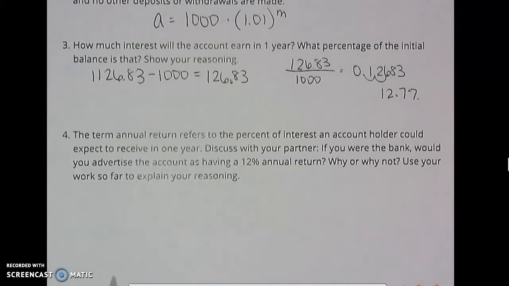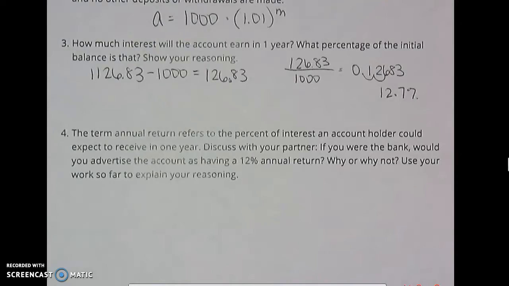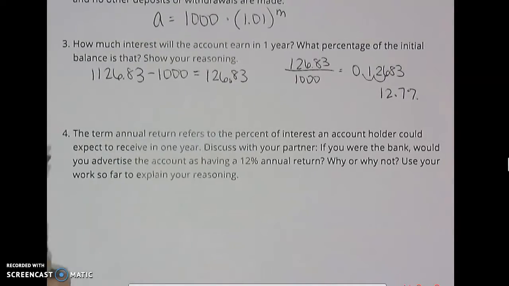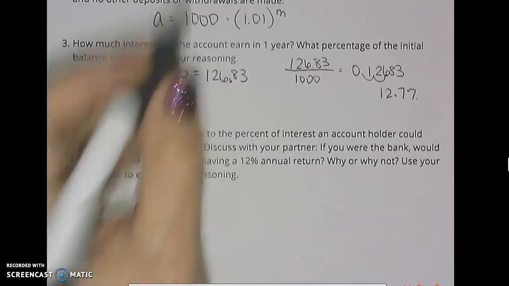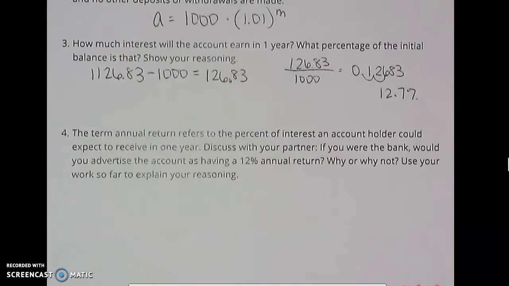If you were the bank, would you advertise the account as having a 12% annual return? Why or why not? Use your work to show your explanation. So with this, if you have 1% each month at the very beginning of the question, then over the course of it, it looks as though you would get 12%.